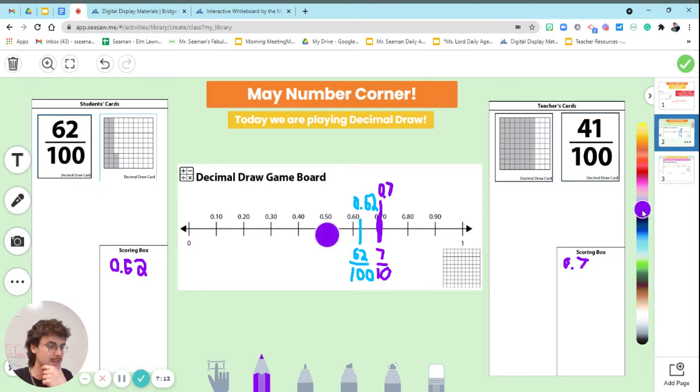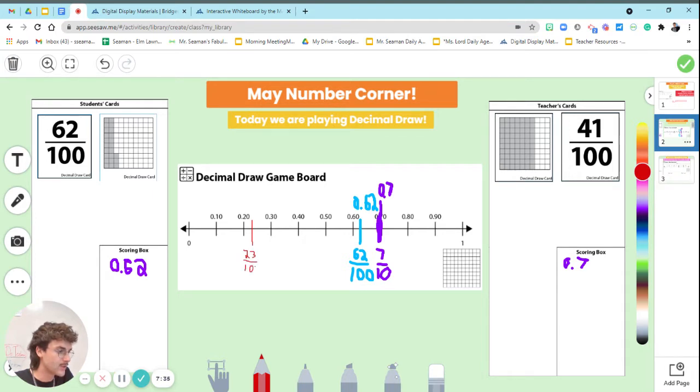Let me get a different color. From 20, I'm going to go about what I think would be 3, because remember, we estimate. I'm going to put that there. And so as a fraction, I'm going to write 23/100ths.